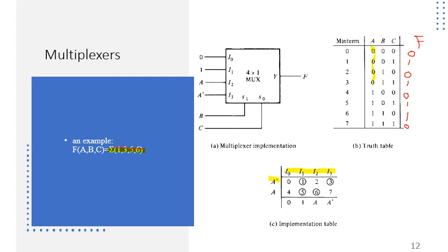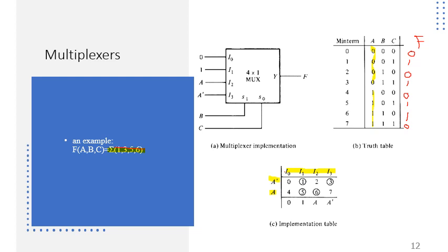For the second row, if you observe the input A, for the rest of the 4 combinations the value of A is 1. So for those we use the literal A instead of A prime, and this is for minterms 4, 5, 6 and 7.